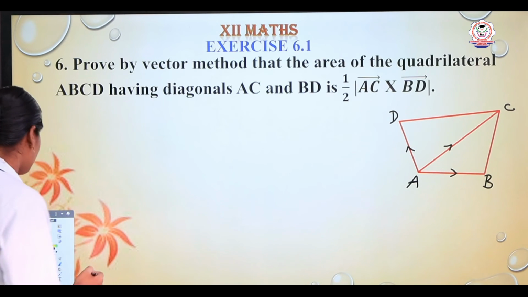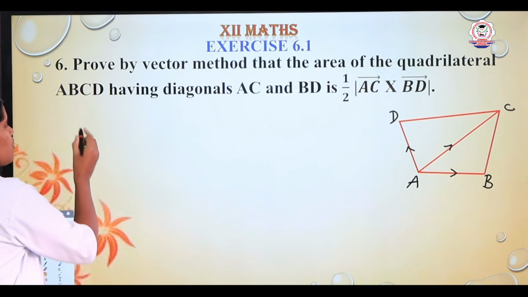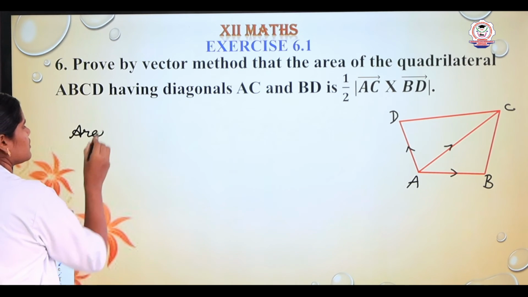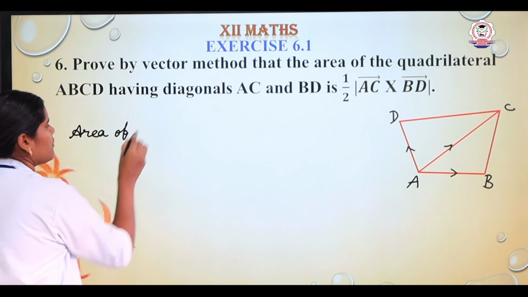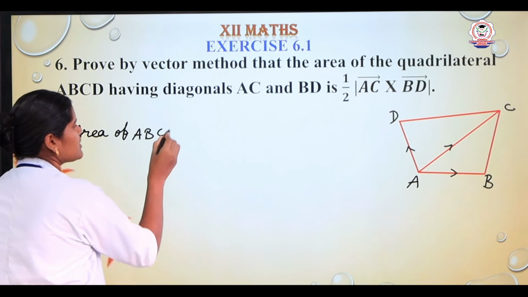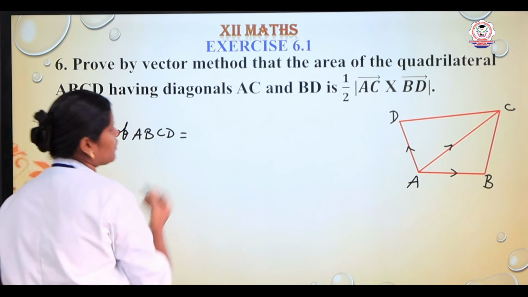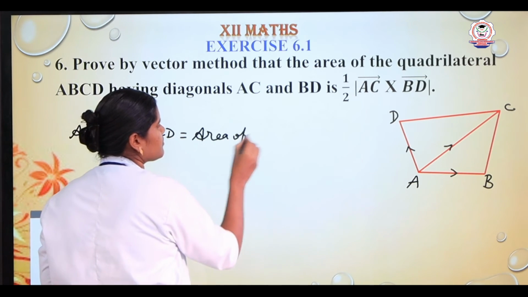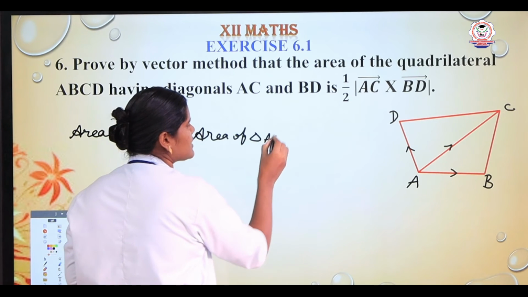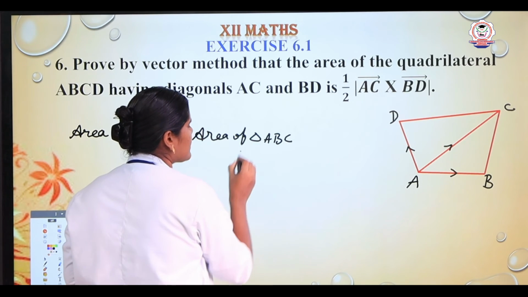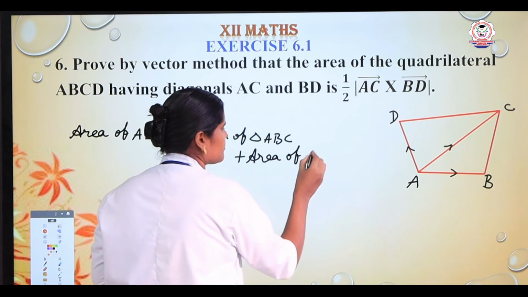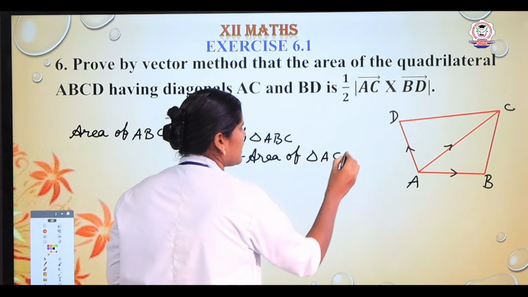So area of ABCD is equal to area of triangle ABC plus area of triangle ACD.